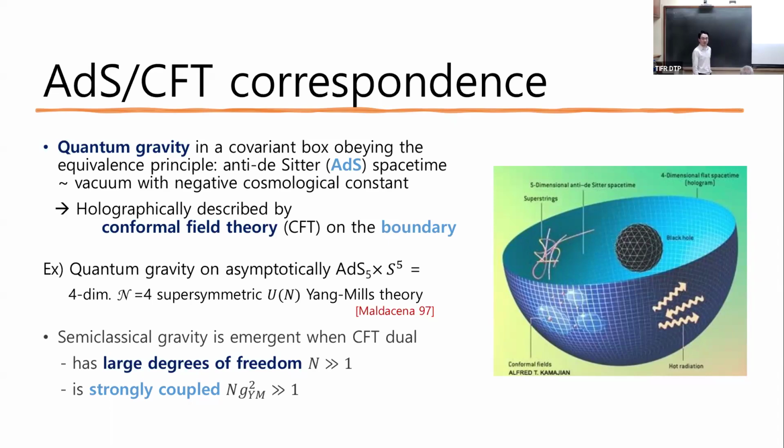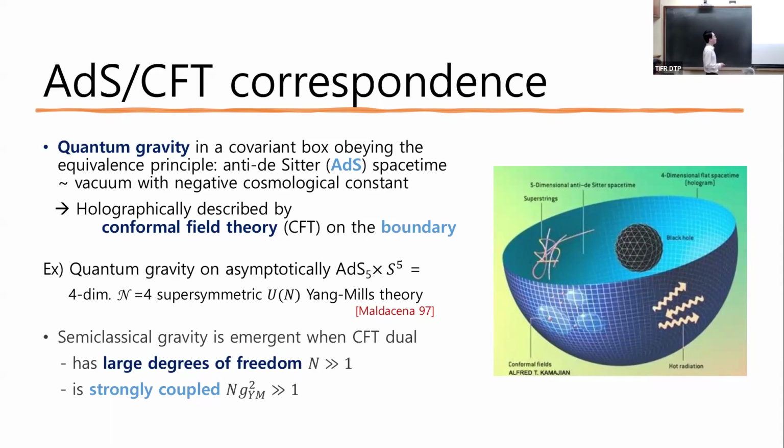And one of the most famous examples will be the quantum gravity on AdS5 x S5, dual to four-dimensional N=4 supersymmetric U(N) Yang-Mills theory.